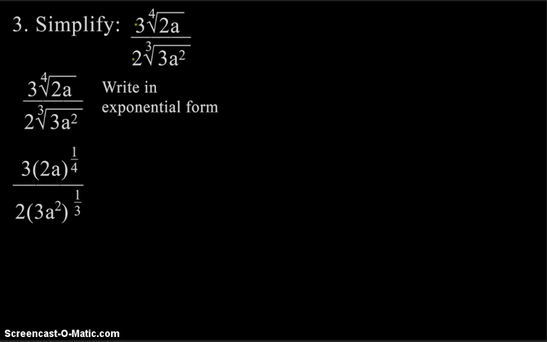So meron tayong, kung mapapansin nyo, yung 3 nandito sa labas ng radicals ng parentheses. So meron tayong 2a. So ang exponent niyan ay 1. So 3 times quantity 2a raised to 1/4.